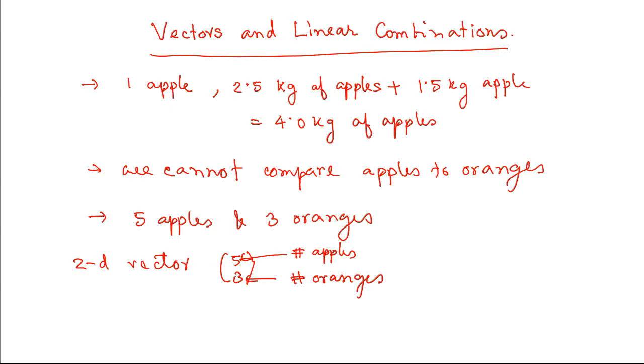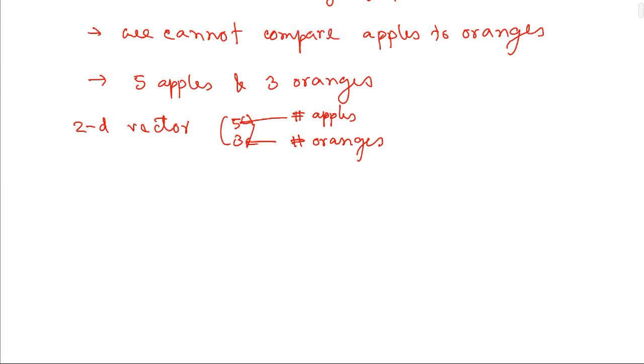So now, once we have that defined, we need a shorthand notation to represent all of this. So the way you represent these things where there are more than one quantity is a vector. So v is a vector, and you put this arrow sign. So we can call it vector v. Right?